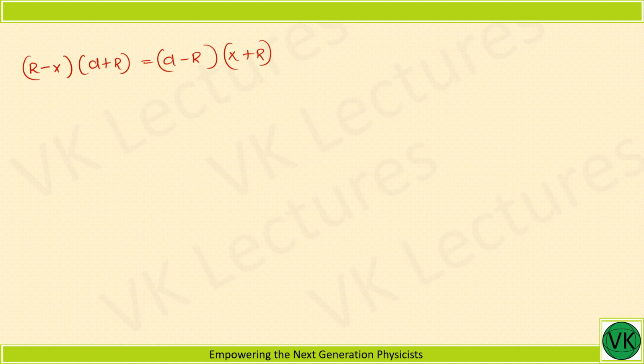Now let's expand this. R times d is rd, r plus, that is plus r squared, minus xd minus xr equal to dx plus dr minus rx minus r squared.